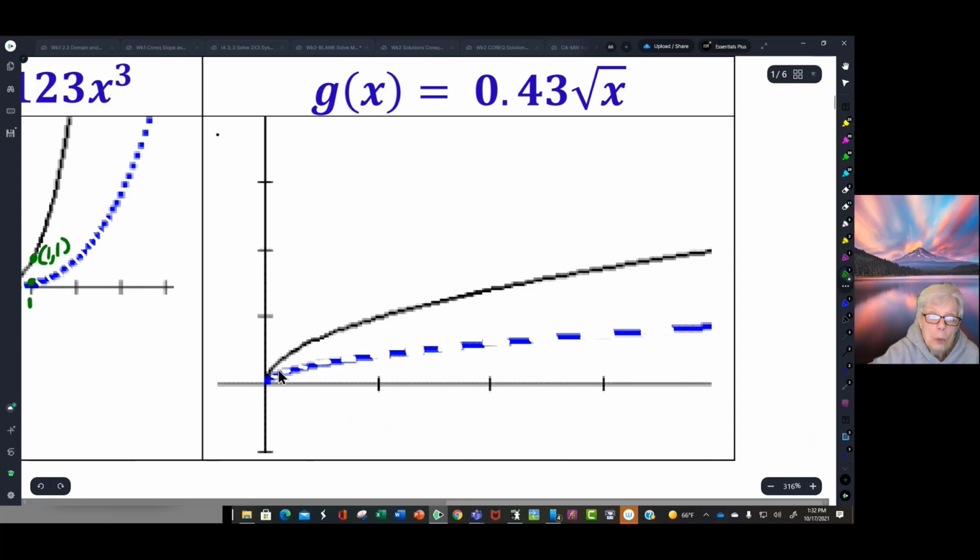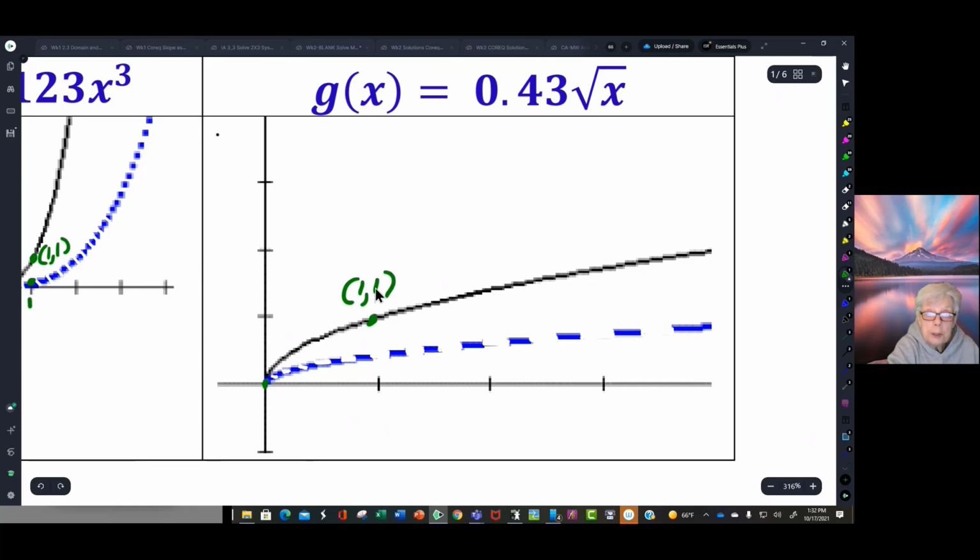Now over here, we have the square root of x with points 0, 0 and 1, 1. But we're going to multiply this 1, 1 by 0.43. Well, 1 times 0.43 is 0.43. So this point now becomes 1, 0.43, while 0, 0 remains 0, 0.